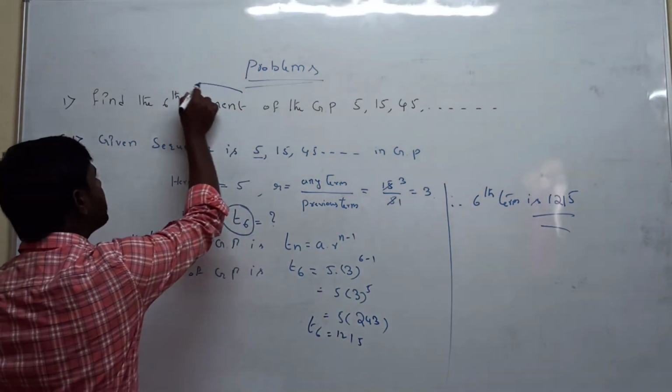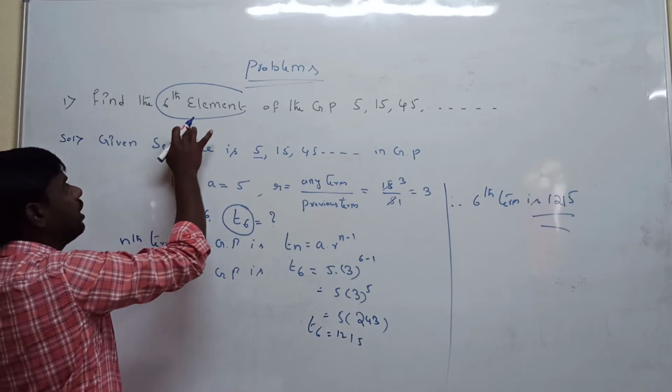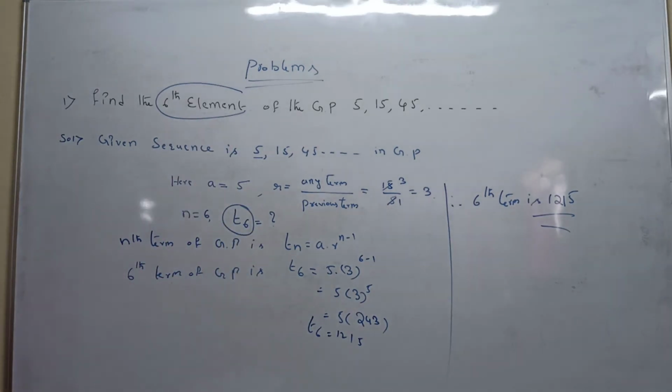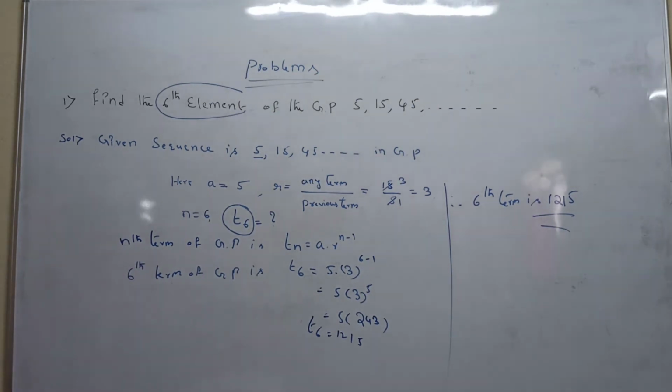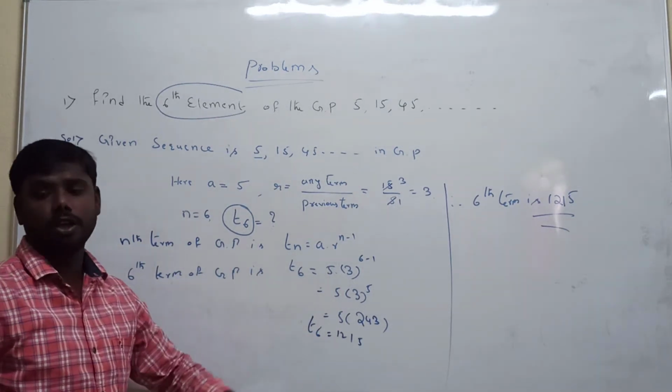To calculate the sixth element, n is equal to 6. We apply the nth term of the geometric progression, Tn is equal to a into r to the power of n minus 1. Applying all the values, finally the sixth term value is 1215.